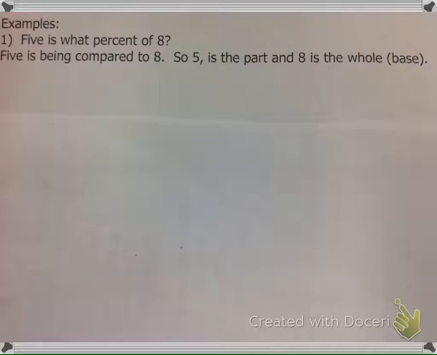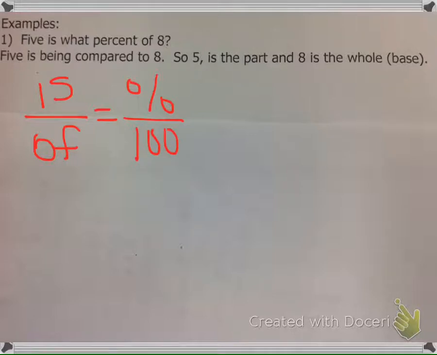5 is what percent of 8? 5 is being compared to 8, so 5 is the part, and 8 is the whole. That's your base, okay? So if we were to put this into the proportion, I could think of this as the is over of equals percent over 100. You could also think of it as the part over whole, okay? 5 is, that's your part.